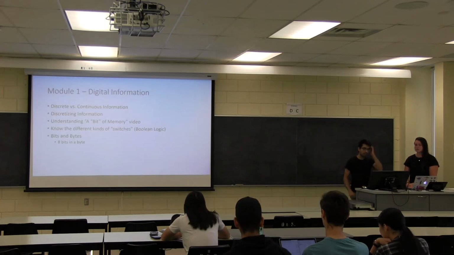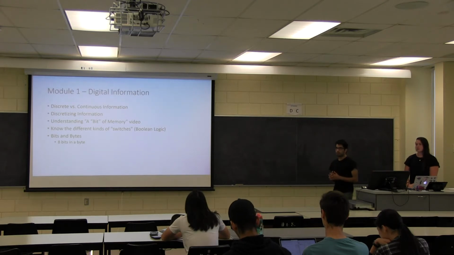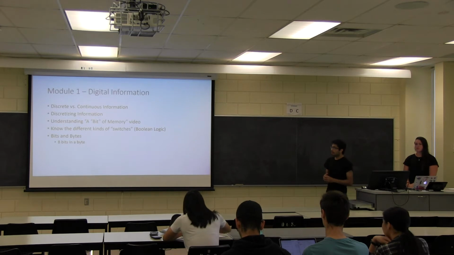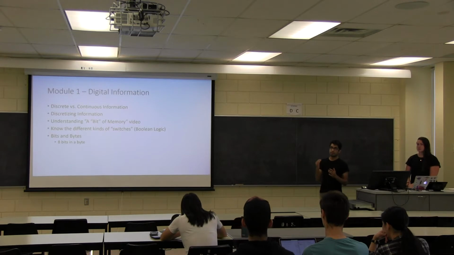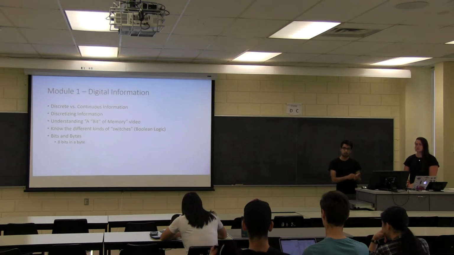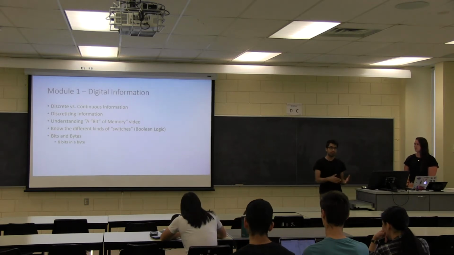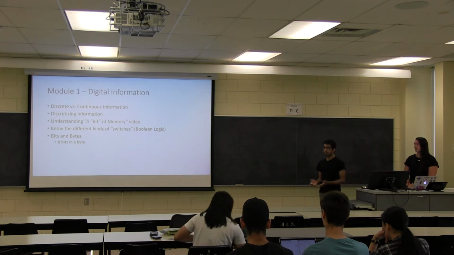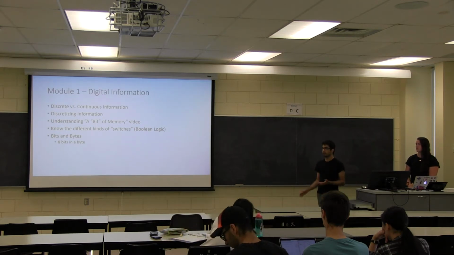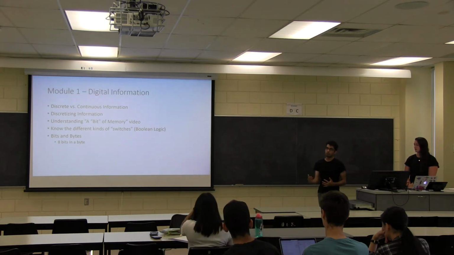So in module 1, we talked about 2 different types of information, discrete information and continuous information. Discrete information, just a little recap, is information that has limited precision because there is a limited number of decimal places it can go to. So for example, 2.3, 2.4, 2.5, there is no number in between. Whereas continuous information has a limitless amount of decimal places we can go towards.